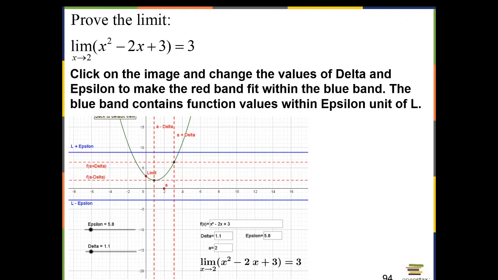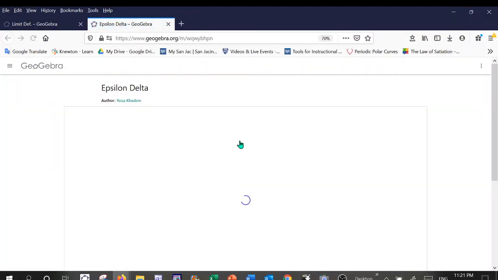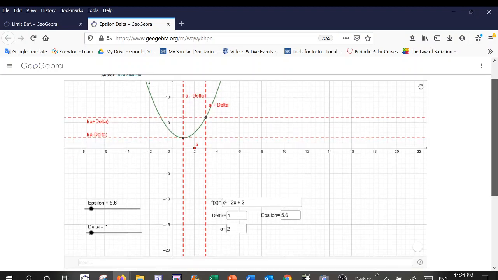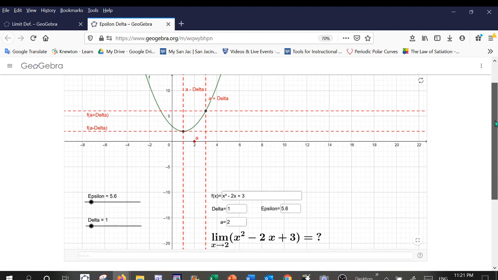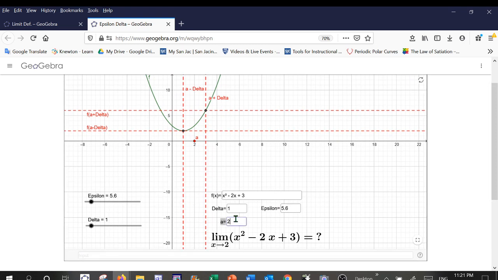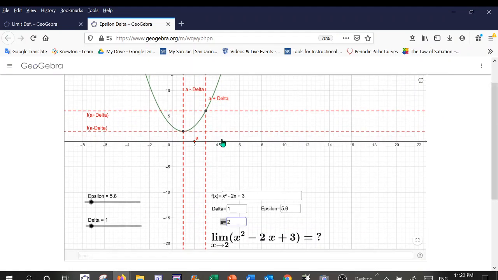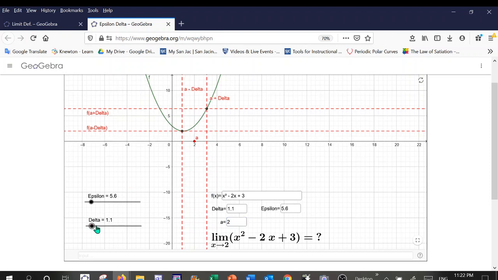All right, so here is, again, in the notes, you can click on this and it takes you to GeoGebra Online, to my account online, and you can use this. So what I did here, I created that, and you can work with this and put different values of epsilon and delta.